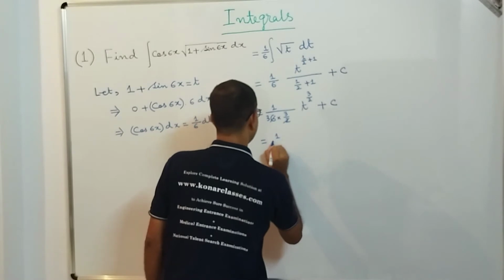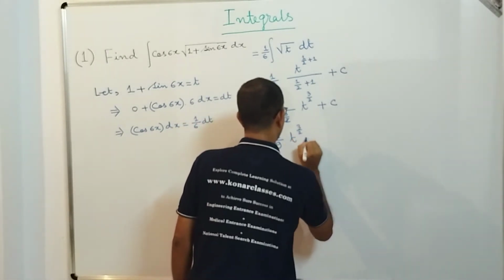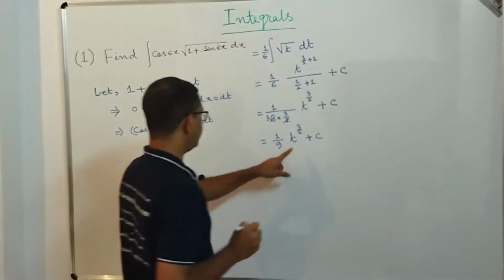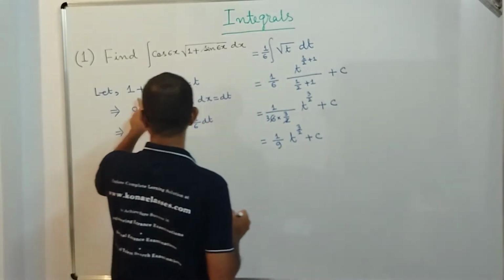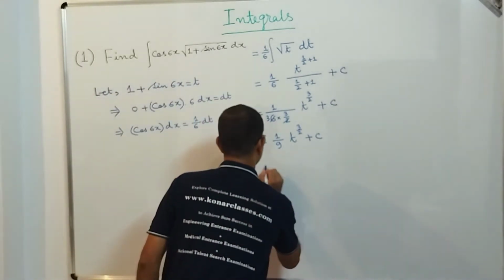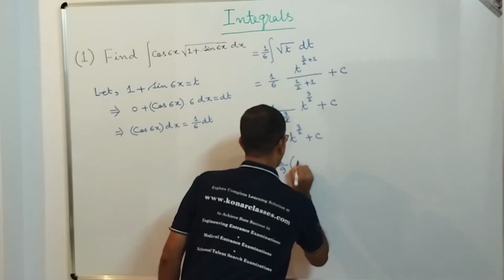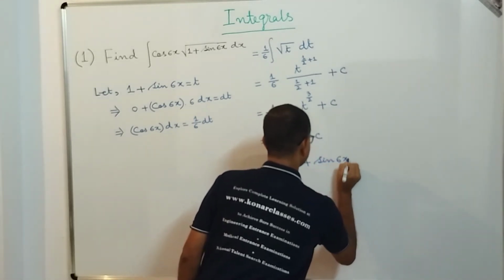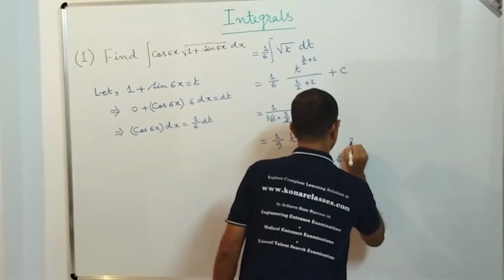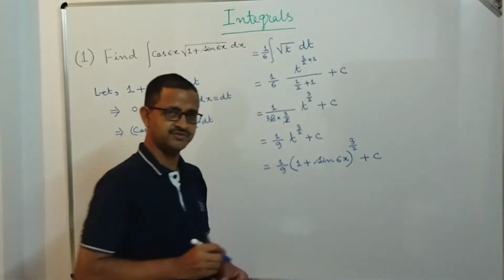So we get 1 by 9 into t to the power 3 by 2 plus c. Now we need to replace back the value of t. What is the value of t? t is equal to 1 plus sin 6x. So the value of this integration is 1 by 9 into 1 plus sin 6x to the power 3 by 2 plus c, the integrating constant.